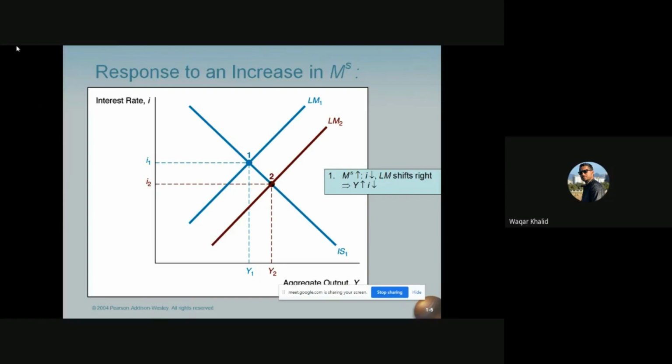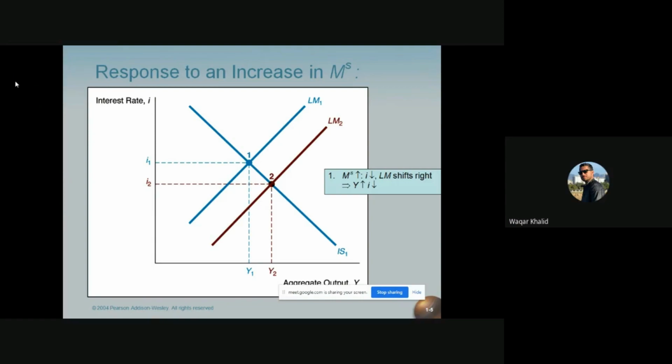Look, from I1 to I2 the interest rate decreases and aggregate output rises from Y1 to Y2. It means the Federal Reserve policy has been successful in improving the health of the economy.